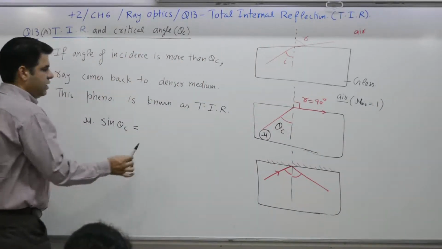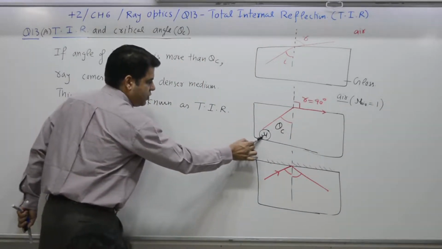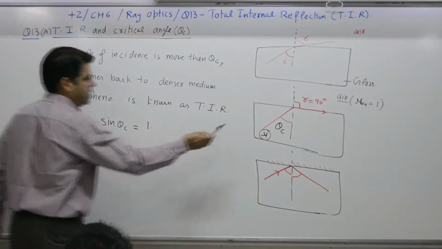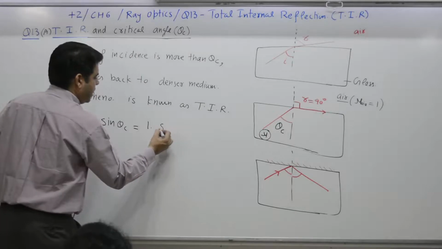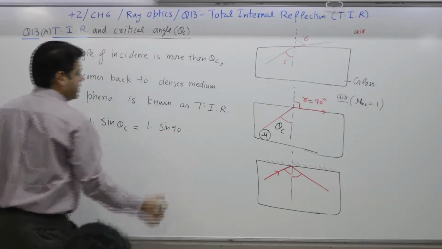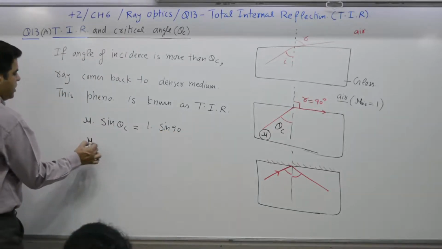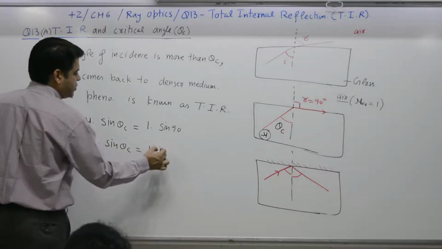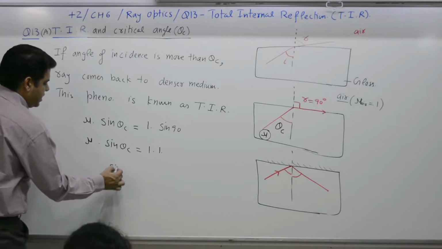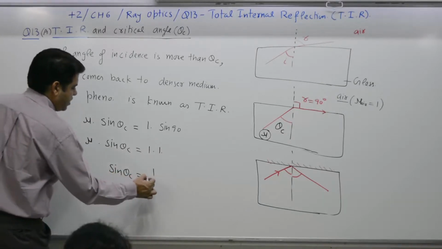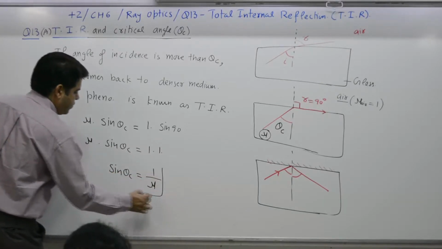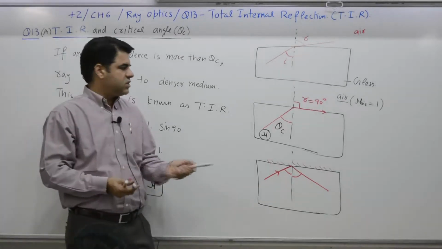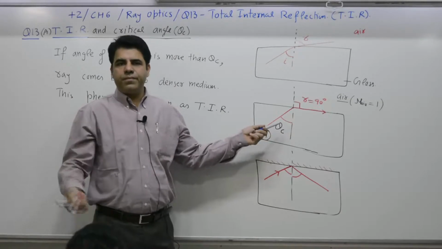So, for one medium, it is refractive index of the medium nu into sine of angle theta critical is equal to 1 into sine of R, in this case 90. So, nu into sine theta critical is equal to 1. Sine 90 is also 1. Sine theta critical is equal to 1 by nu.